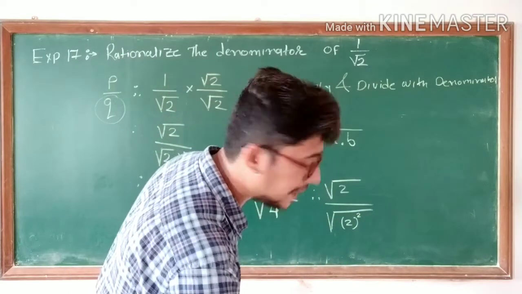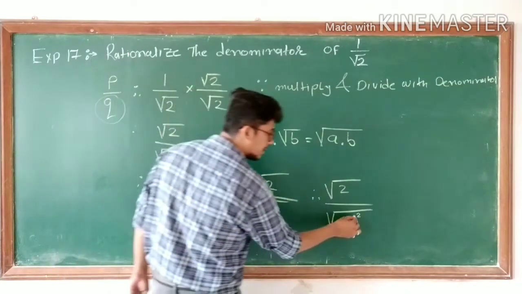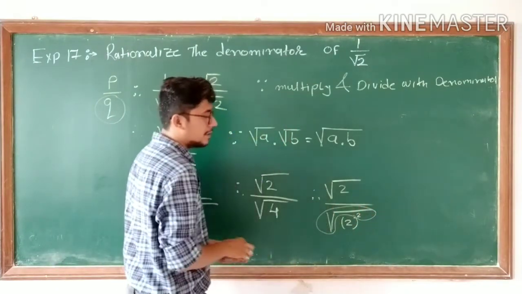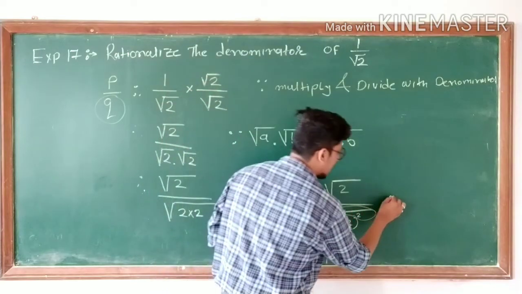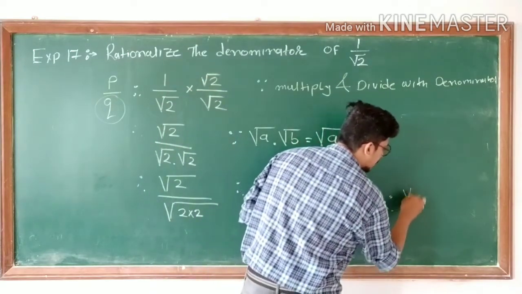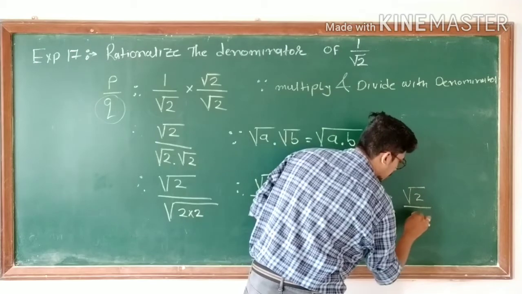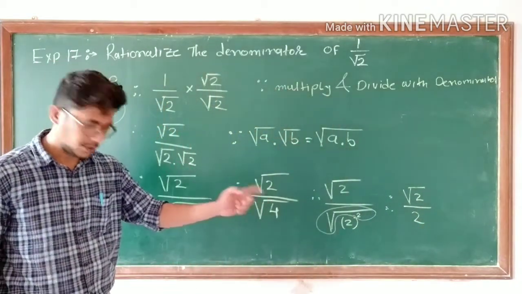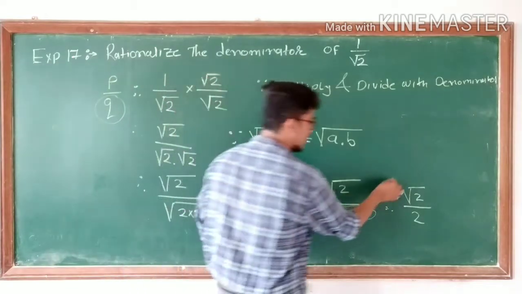You know that square and square root will get cancelled. So can we write this as square root of 2 upon 2? Okay, so this is your final answer.